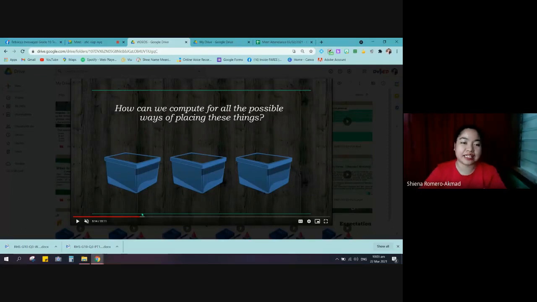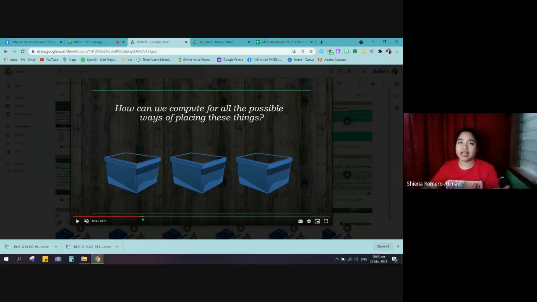We have 8 items and we only have 3 boxes to place each item. Okay? So, ang gagawin natin is we will compute ilang ways, ilang arrangements ba ang pwede nating magawa if there are 8 items and 3 boxes.